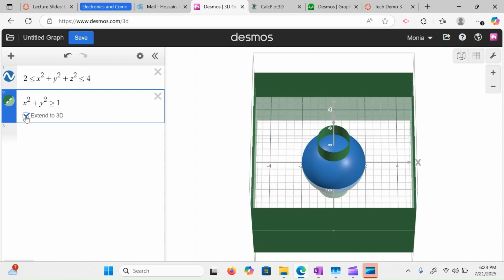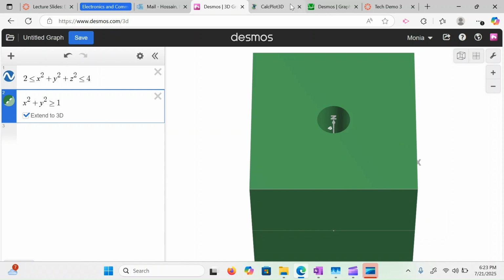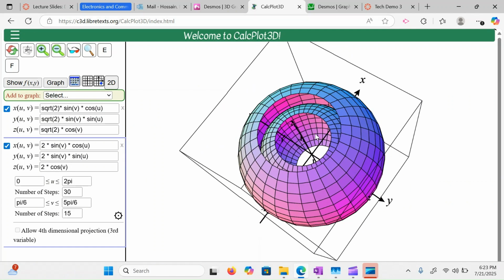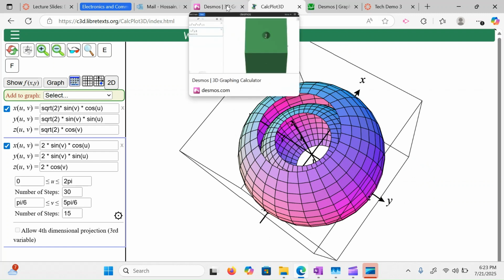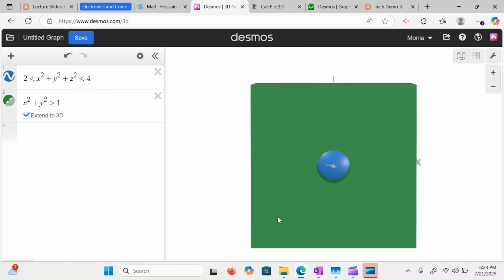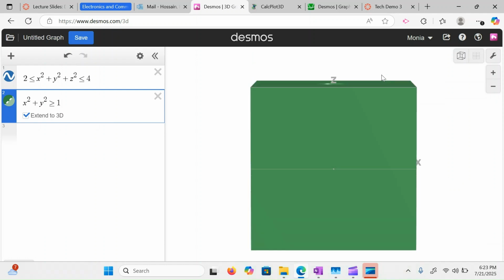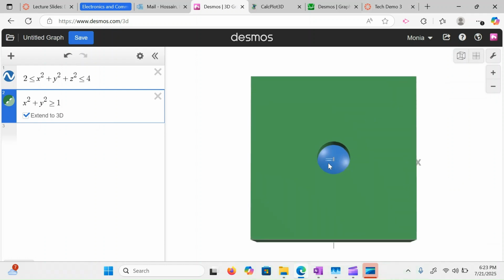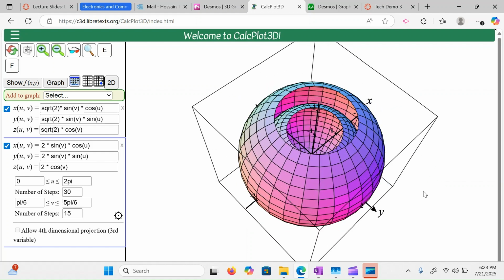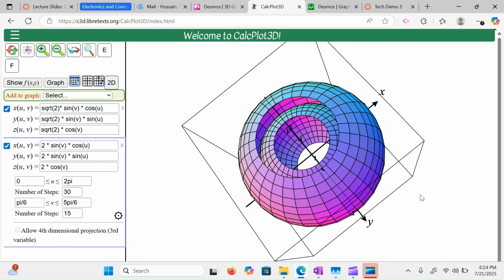So I'm going to extend to 3D. That's why I used CalcPlot 3D, because you can see the hollow cylinder. But for Desmos, you have to see it like this, and it covers the whole region. But yes, essentially the hollow cylinder is going inside the spheres. But this one does a better demonstration.